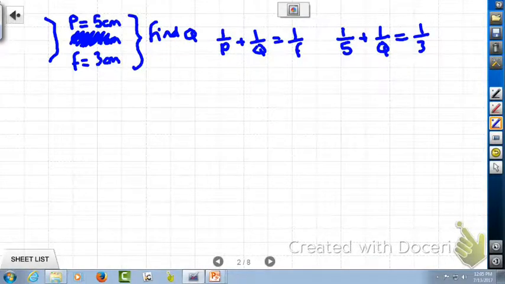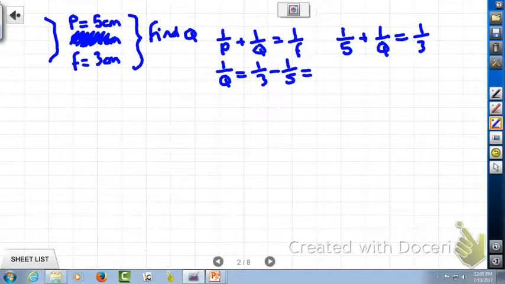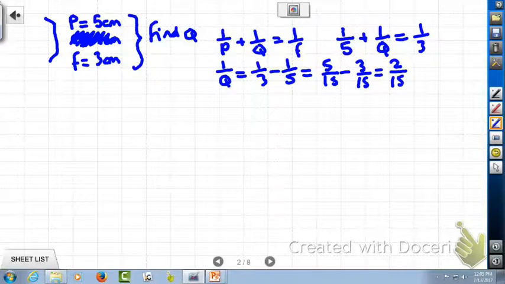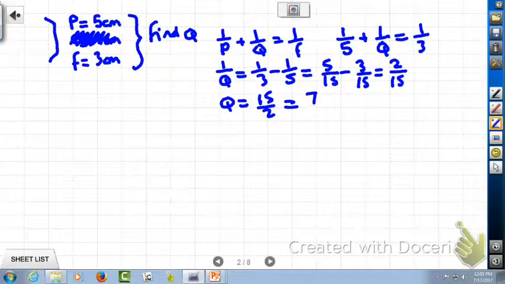So 1 over Q equals 1 over 3 minus 1 over 5, which equals 5 over 15 minus 3 over 15, which equals 2 over 15. Yeah. So Q is equal to 15 over 2, which equals 7.5 centimeters. Yep.